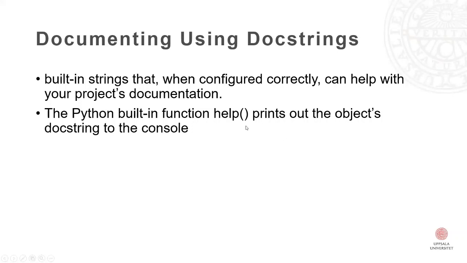And when you put a docstring for a function, for example, then you can use the built-in function help to print out the content of the docstring for that specific function. So it can help the user to know, for example, what the input parameters to the function are, what the output will be, etc.